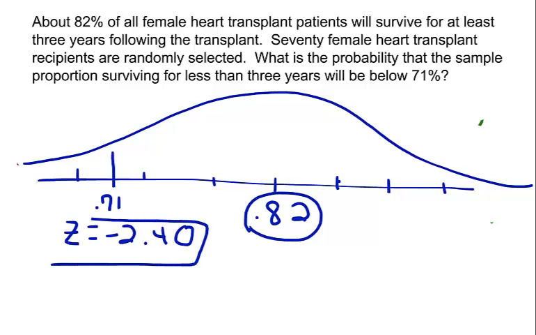Because the z-score that we obtained was negative 2.40, this is where 0.71, our p-hat value, will go. We're interested in finding the value of this region here. In other words, what is the probability or percentage that falls below a z-score of negative 2.40?